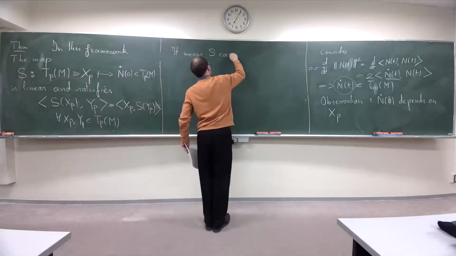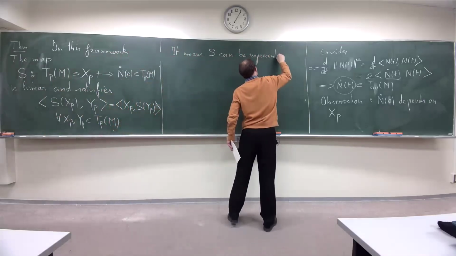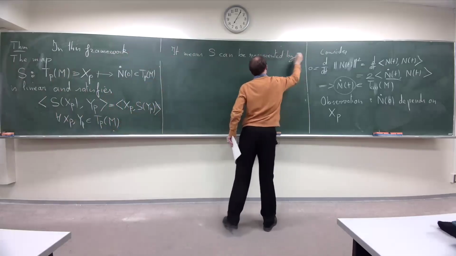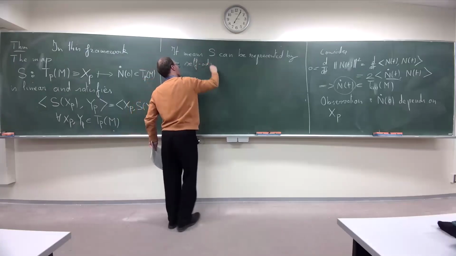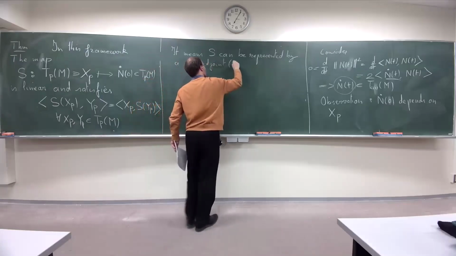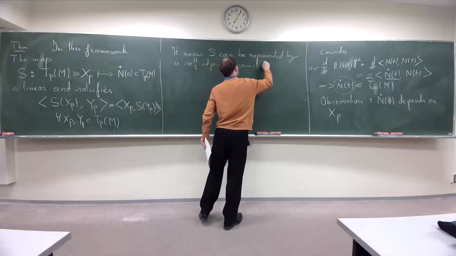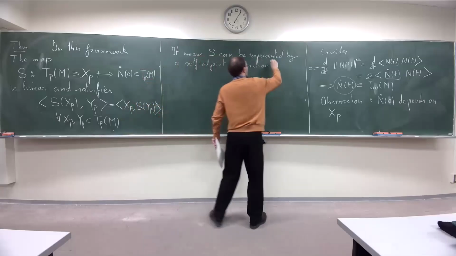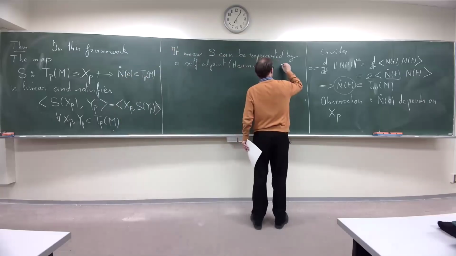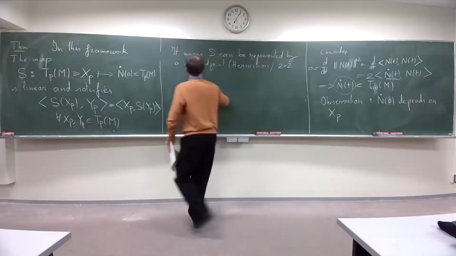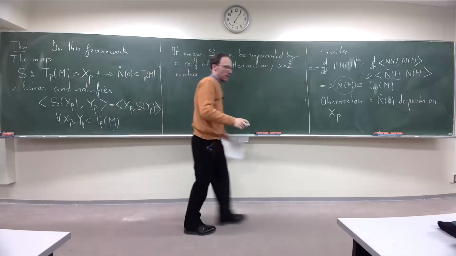So it means S can be represented by a self-adjoint or, if you prefer, Hermitian, it depends what you are more familiar with, matrix. And what is the dimension here? It's two-dimensional, so it's a self-adjoint or Hermitian 2 times 2 matrix, once you have chosen a basis.